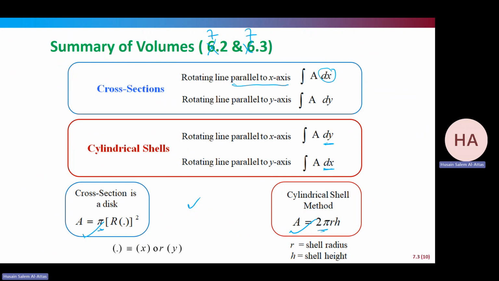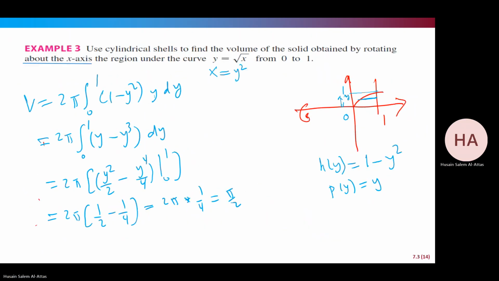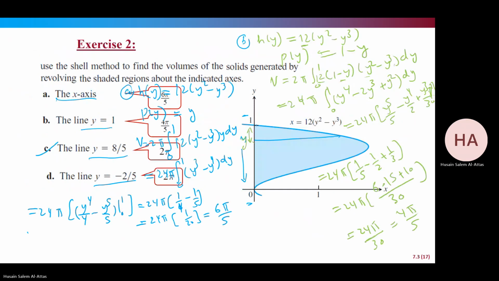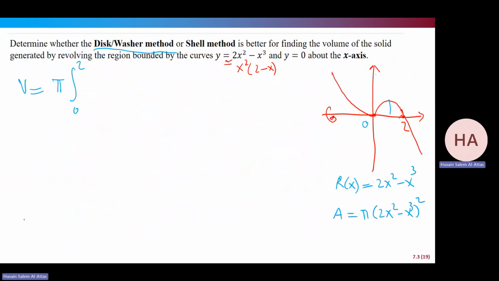Be careful about pi and 2 pi. So you have pi of this, then I have the function squared. Now I need to do the calculation.